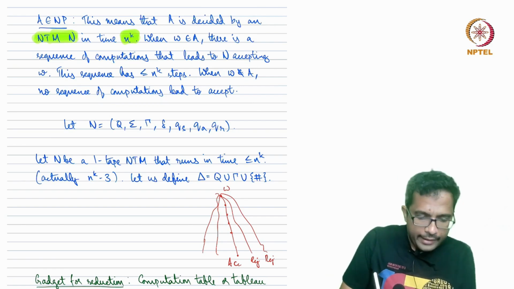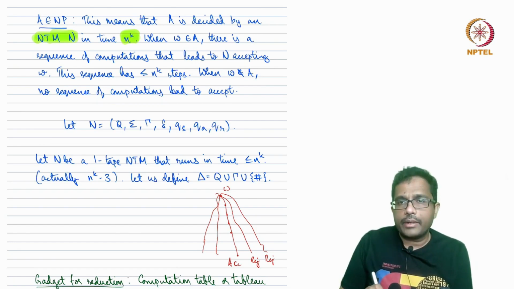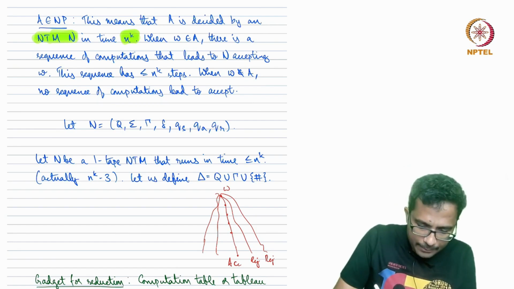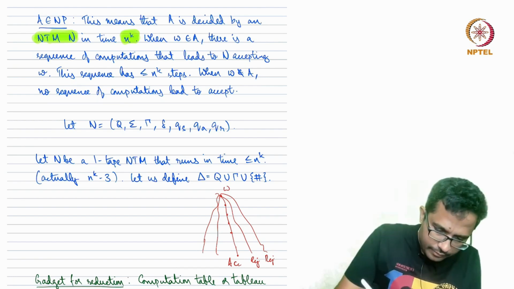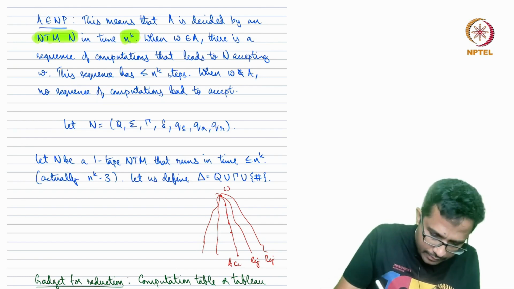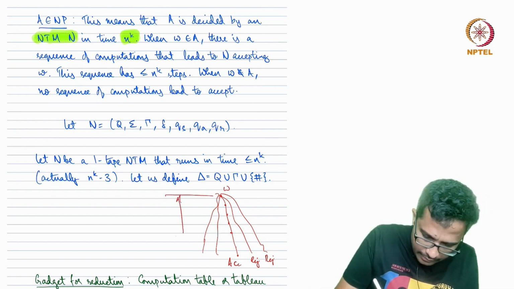And we know that N decides A in n^k time, so the number of steps here is at most n^k.